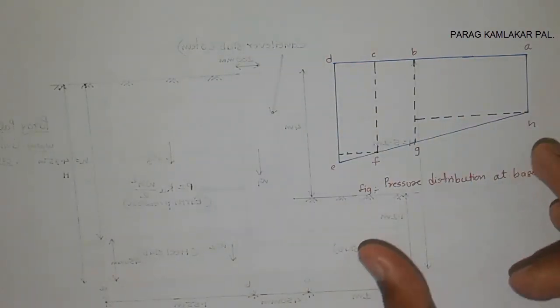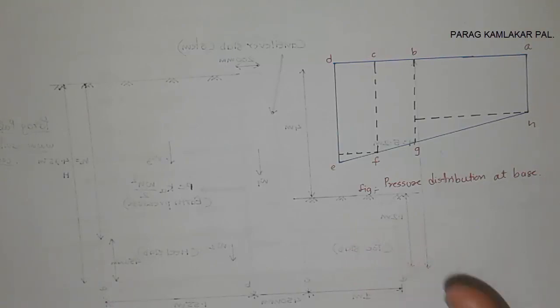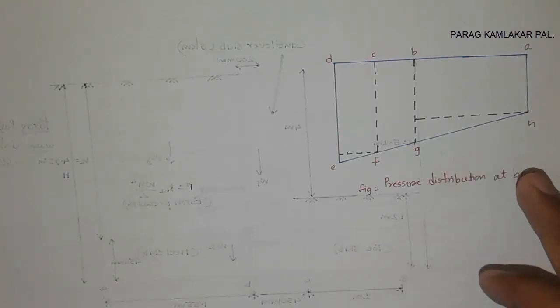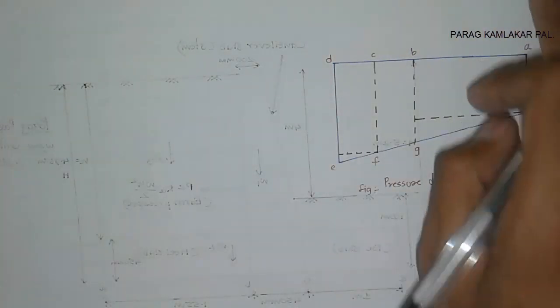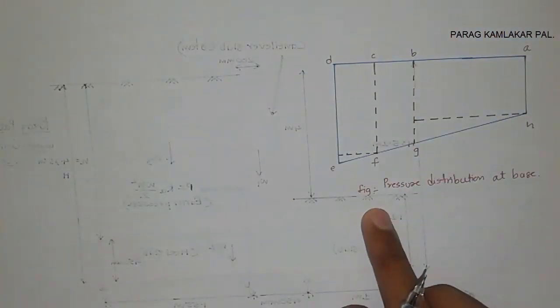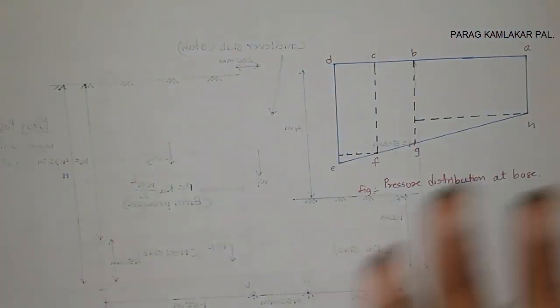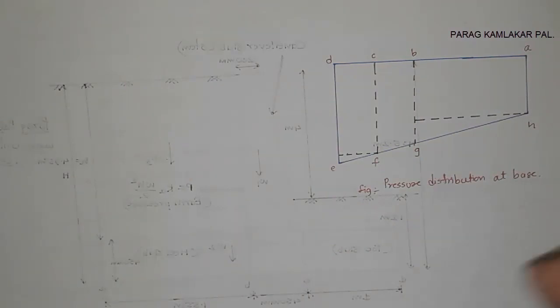If you are not familiar with this diagram, you need to watch my basic video of the cantilever retaining wall, where I explain this pressure distribution. This is about the pressure on the retaining wall, and this is about the pressure distribution at the base, how the pressure is distributed. With respect to that, we are going to design the slab.